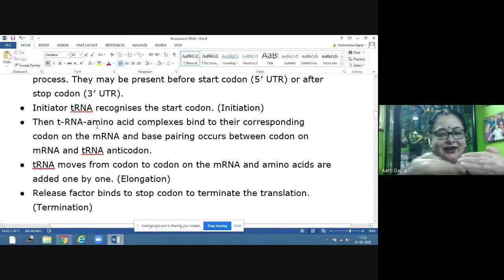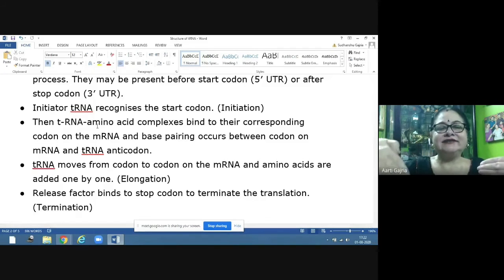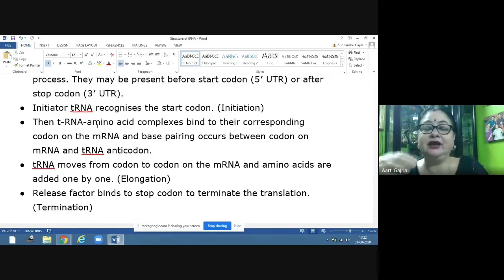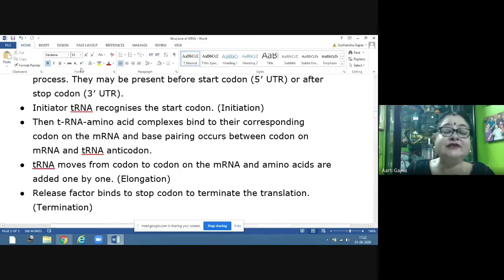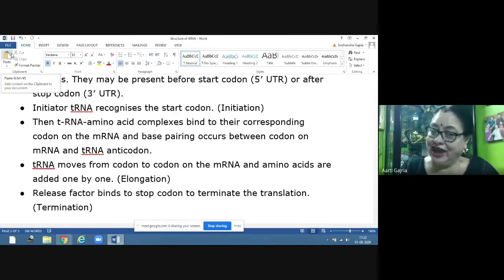Messenger RNA is moving on the smaller unit, and the transfer RNA will bring the required amino acid, and then slowly these amino acids will get joined together with the help of peptide bonds, and the energy for these peptide bonds comes from that charging, the amino acylation.